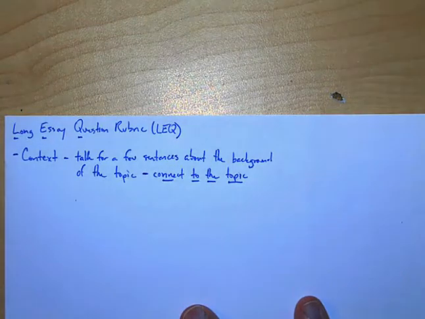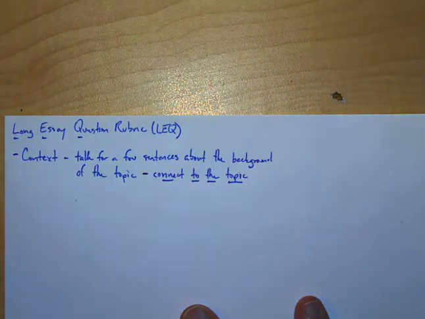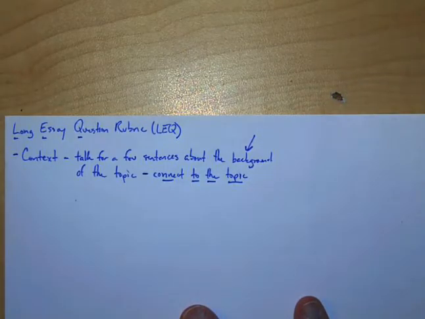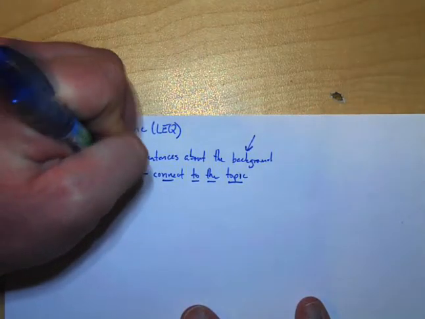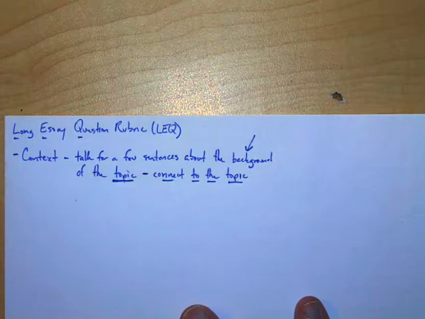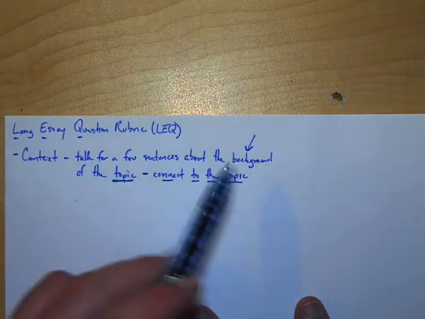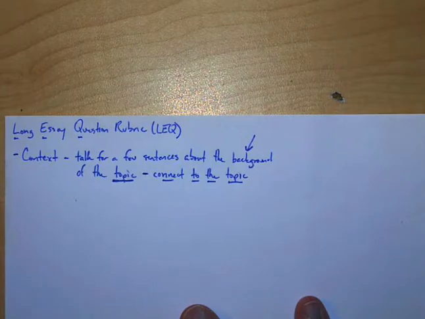So I've seen lots of kids not get the point for context, even though they are talking about a time period or they're talking about a region, and they're absolutely right and it's well written, but it's got to be related to the topic of the prompt. It doesn't have to be much, and it doesn't have to be super specific, but it does have to kind of lead me up to the topic of the prompt.